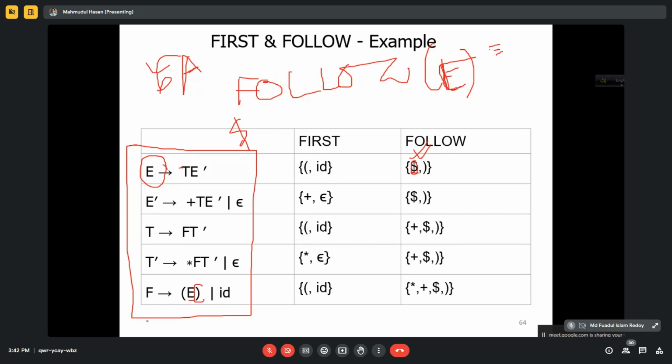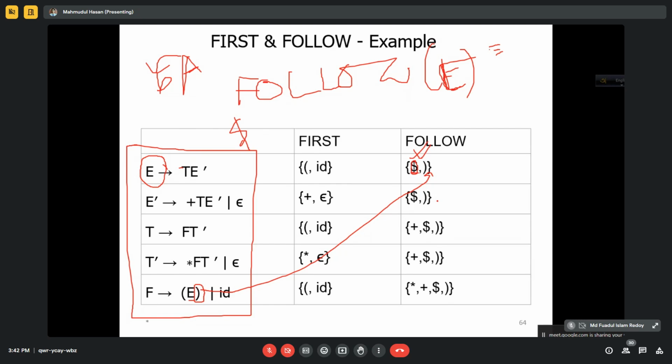And is this a terminal or non-terminal? Terminal, sir. Okay, as this is a terminal, this one can be the follow value. So the first one is dollar and the second one is closing first bracket. So the follow of E is dollar and closing first bracket.